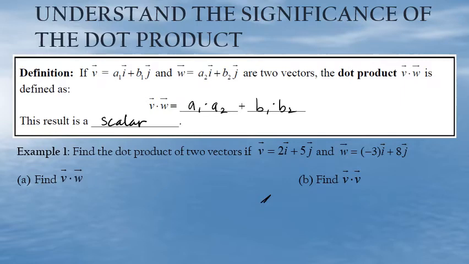So let's take a look at an example. Find the dot product of the two vectors if vector v is 2i plus 5j and vector w is negative 3i plus 8j.